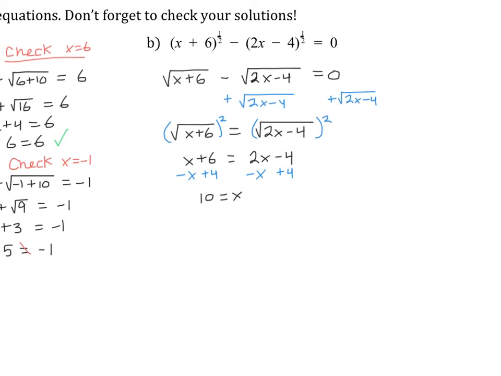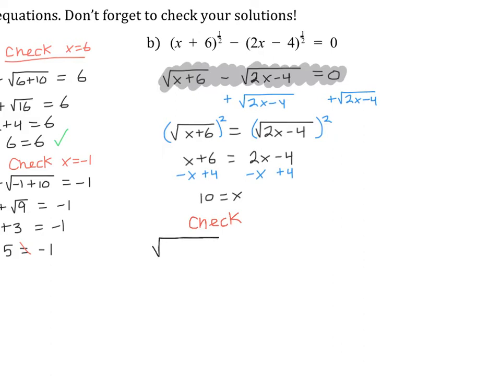I'm going to check using this form of the equation, because it means the same thing as our original equation. So here's our check. So again, we are going to substitute it into the equation.